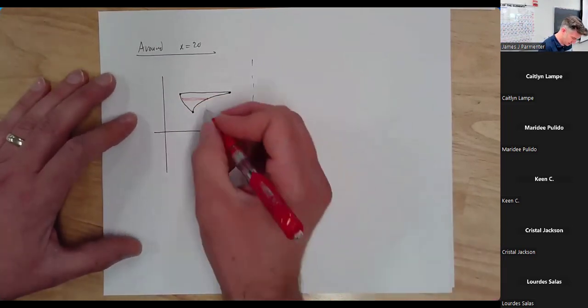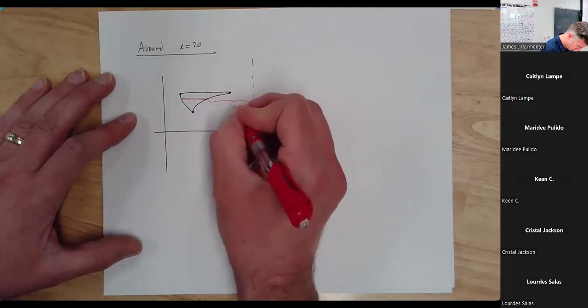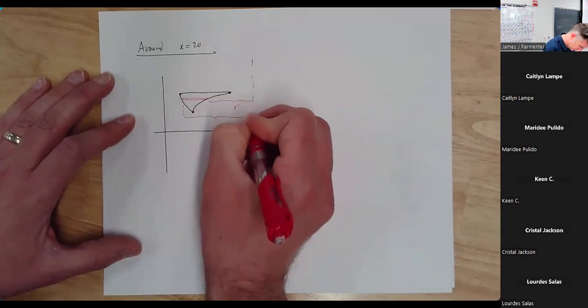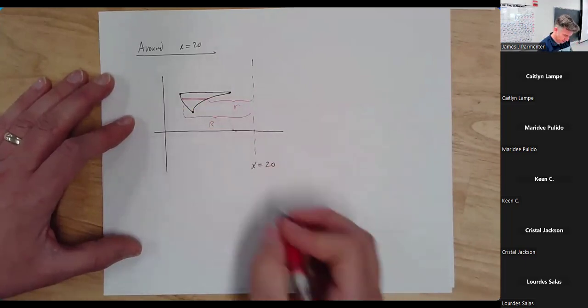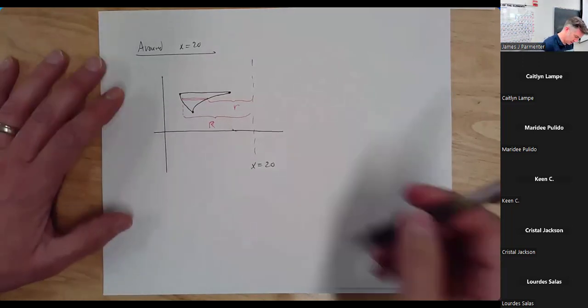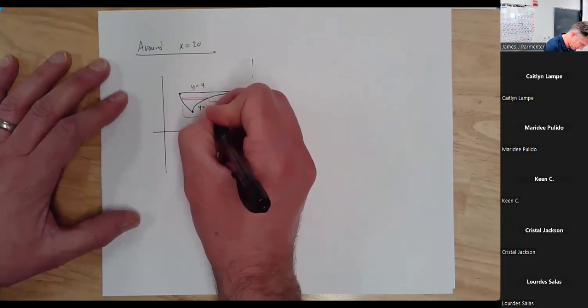And looking at this, here's my inner radius. There's my outer radius. Labeling things because we should label them. I mean, you don't really have to label them. I'm just labeling them so we can see this.